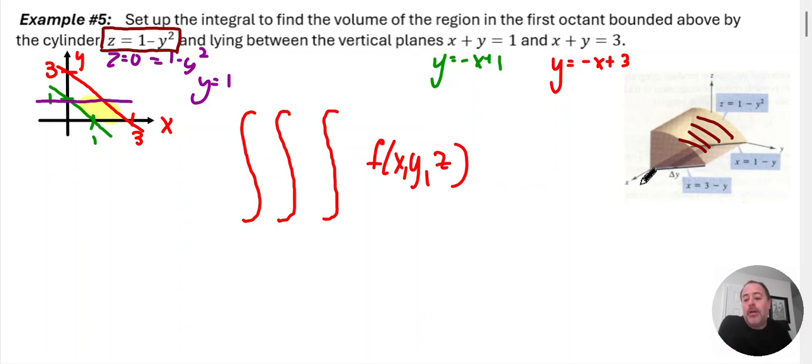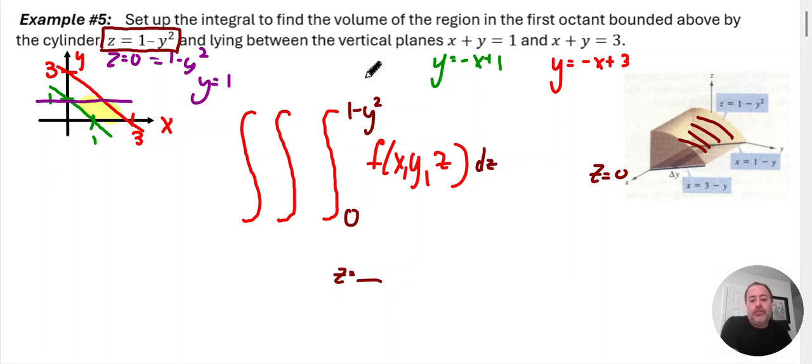The bottom part of this region is where z is equal to 0. Since we have z equations, we know the top and bottom curves: the bottom curve is z equals 0, and our top curve is 1 minus y squared.